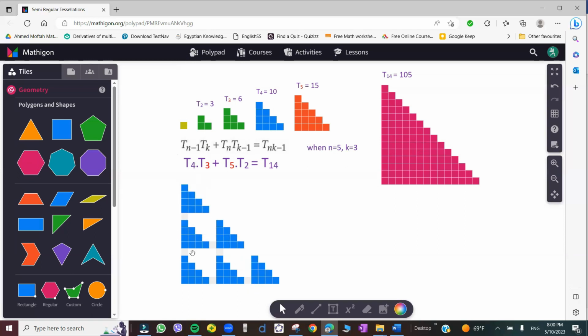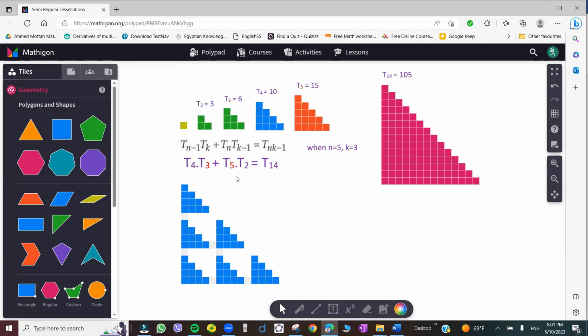So these 6 blue figures represent 6, which is term number 3, times term number 4, which is 10 units. The blue units are term number 4, and we multiply it by 6, adding it to itself 6 times.